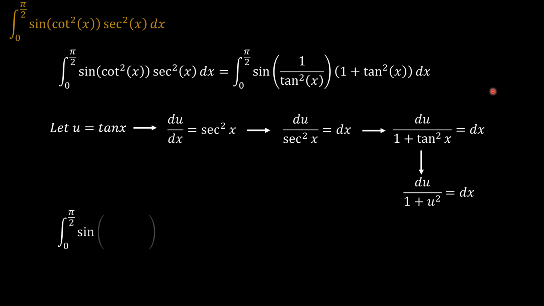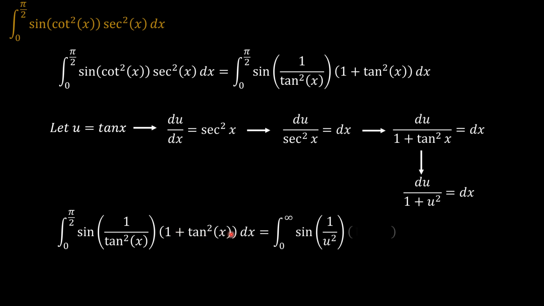And so looking at this expression here, in place of tan squared x, we'll plug in u squared, and then this is obviously 1 plus u squared, but dx is the same as du over 1 plus u squared. So what we see here essentially is that this 1 plus u squared and this 1 plus u squared cancel out.